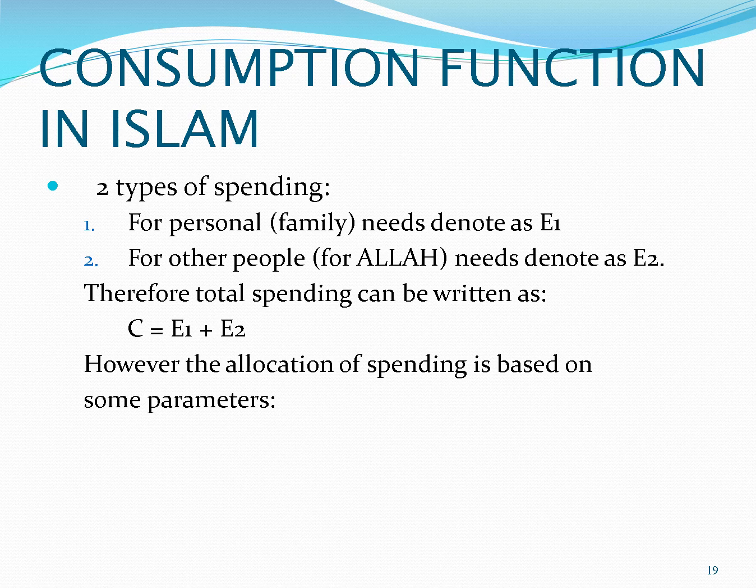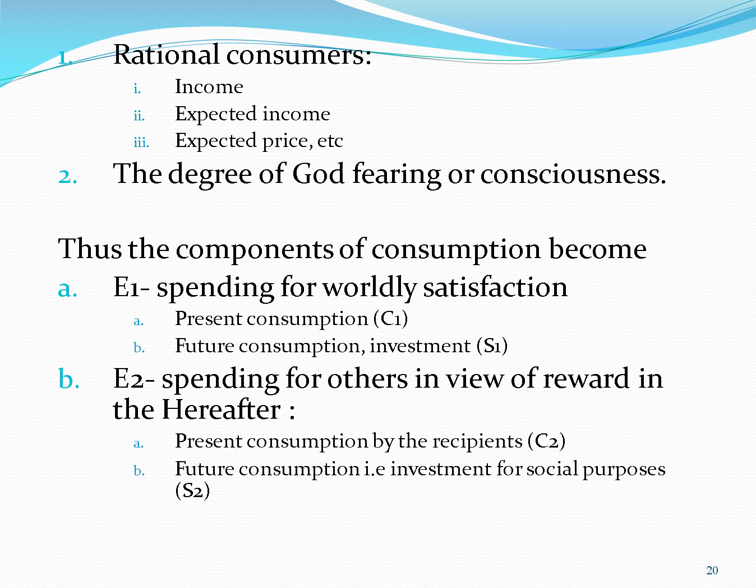However, the allocation of spending is based on some parameters. A rational consumer is based on income, expected price, and so on. And second, the degree of God-fearing. The components of consumption become: E1 is spending for worldly satisfaction. Present consumption is C1.